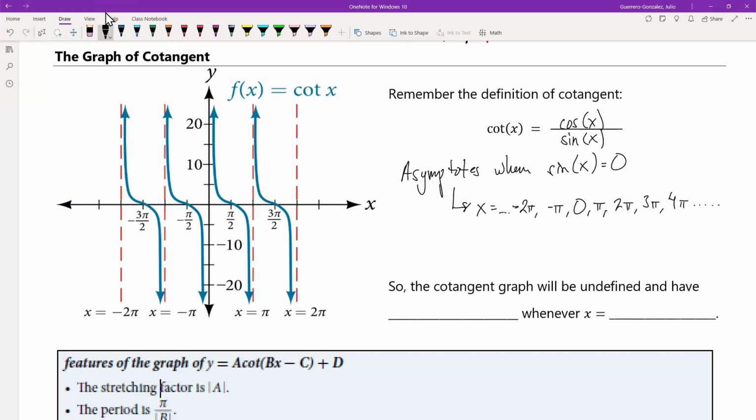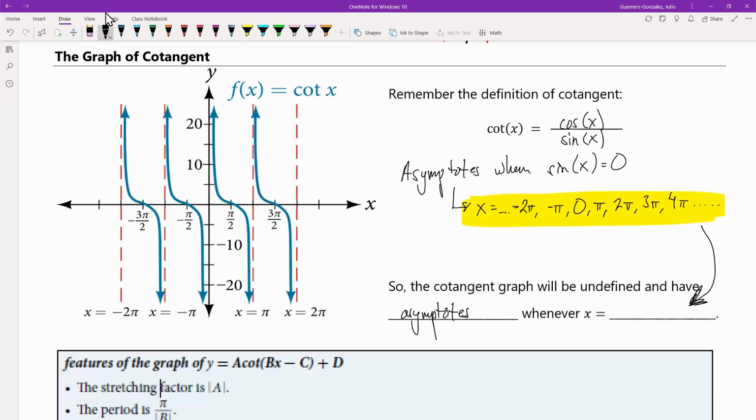So cotangent will be undefined and have asymptotes whenever x is any one of these values right here. All of these basically will go right here, and I don't want to write them, so I'm just going to leave them.